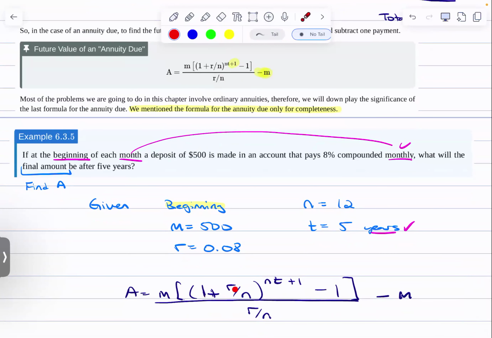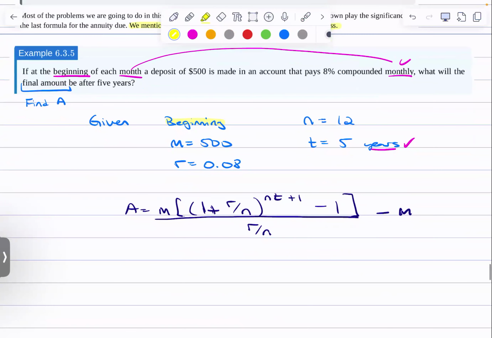M times 1 plus r over n to the nt plus 1 minus 1 over r over n, minus M. So when it's at the beginning, we have to make that adjustment. Again, I'm not testing you on it, but there are homework problems on it, right? So we should see it one time.